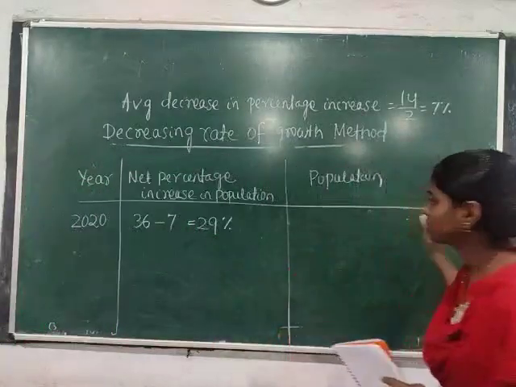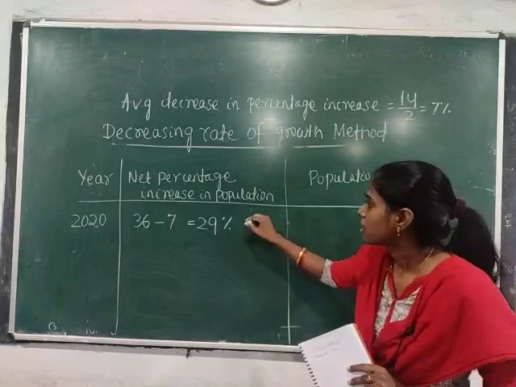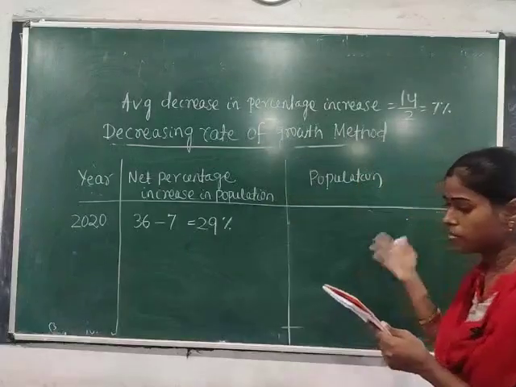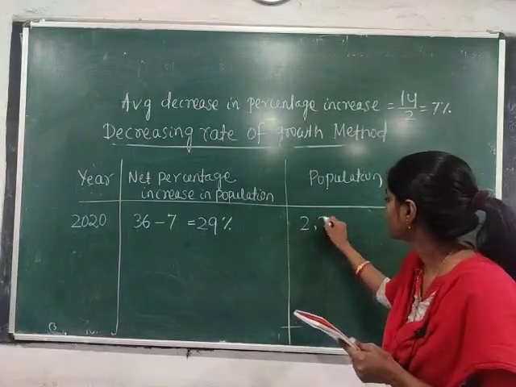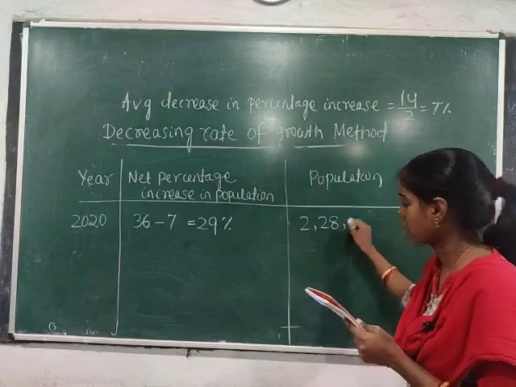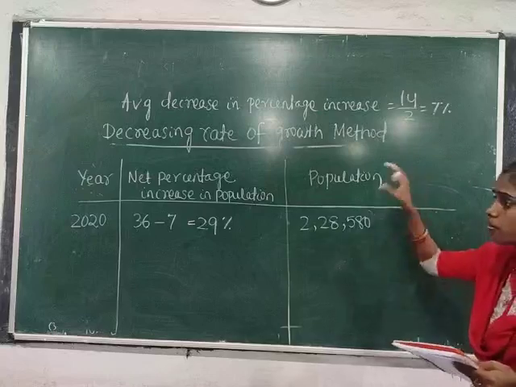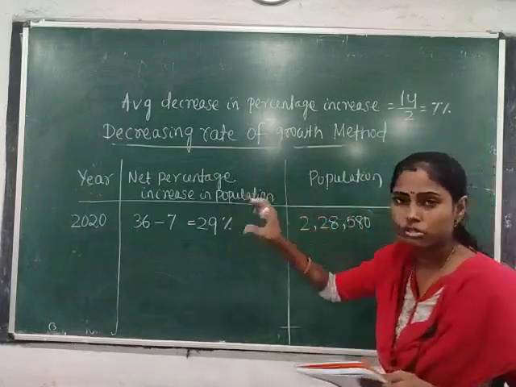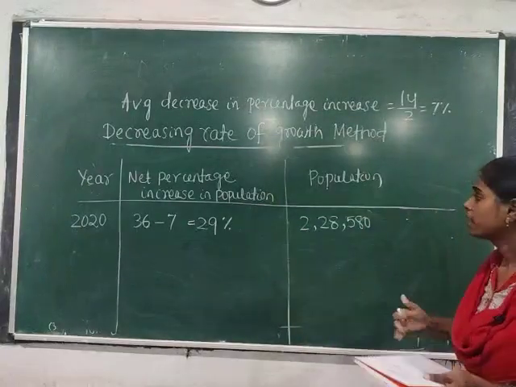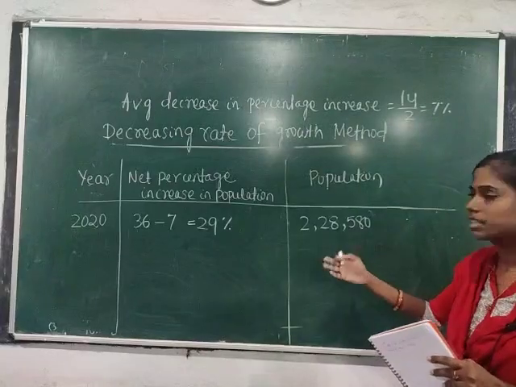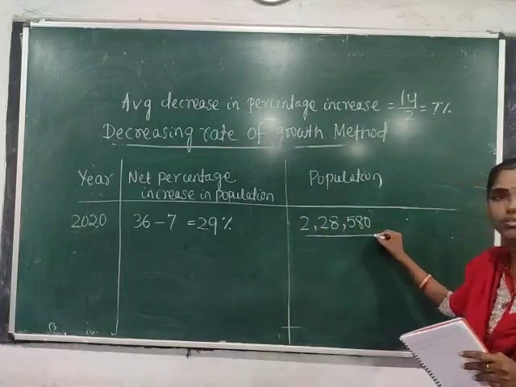So, what will the population be? The population in 2010 was 2,28,580. That means the population for 2020 will be 29% more than the population of 2010.